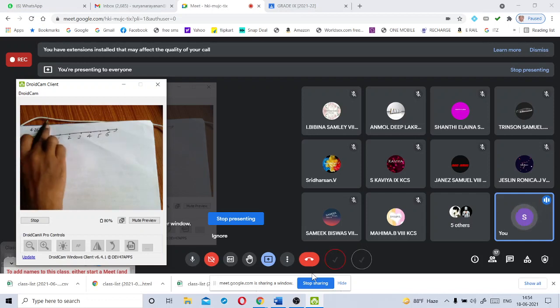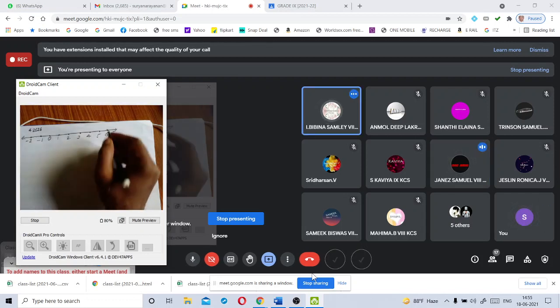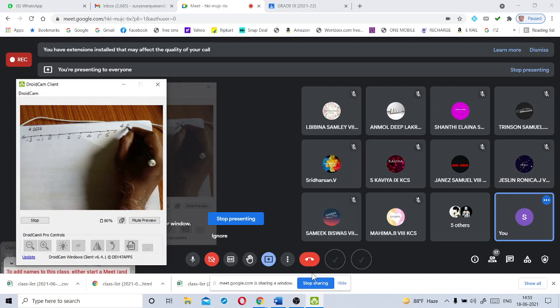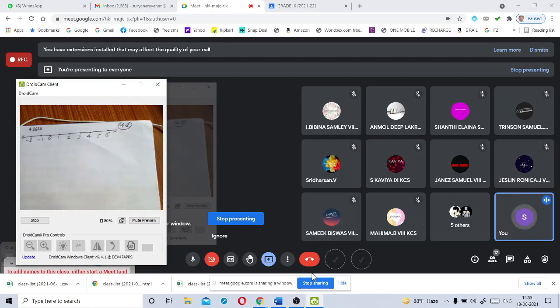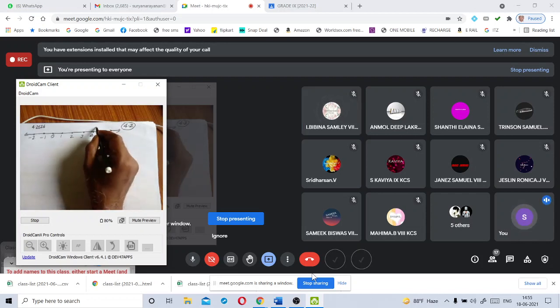In this number, if you take the whole number part and first decimal place, and close the remaining part. 4.2, yes, 4.2. That is what we have to identify. Between which numbers does this 4.2 lie on the number line? 4 and 5, sir. Between 4 and 5.